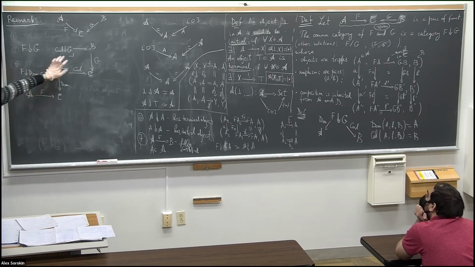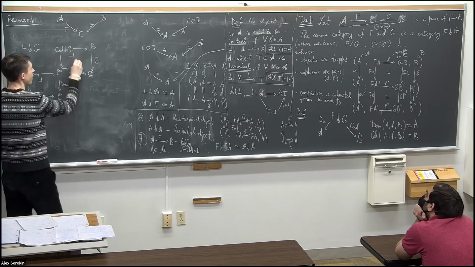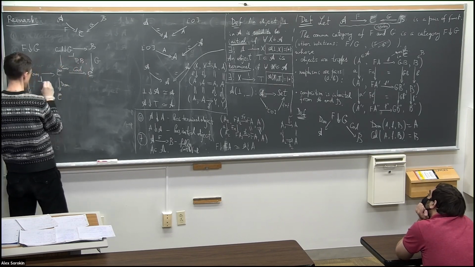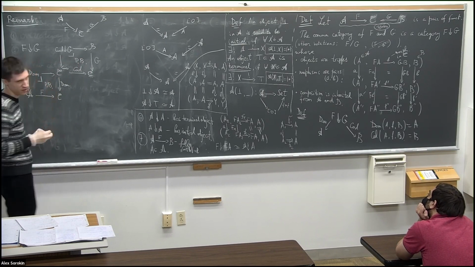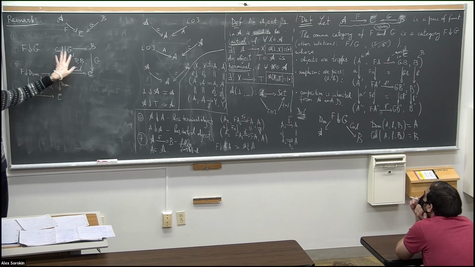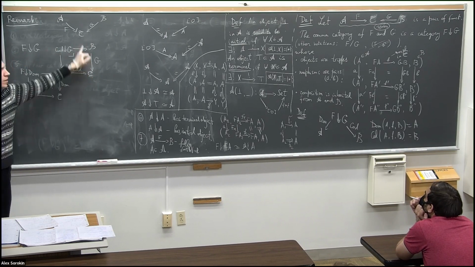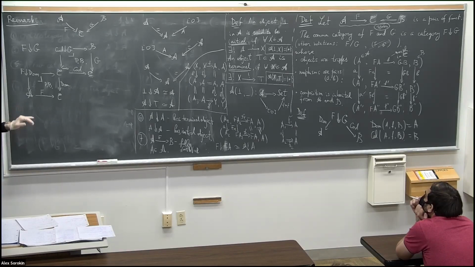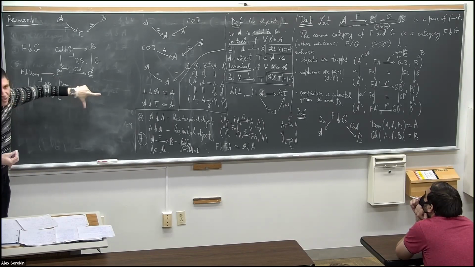Later I will try to make a wider angle also, because it's the shape of the diagram. So this is the limit of this diagram of this shape. Pushout will be this.